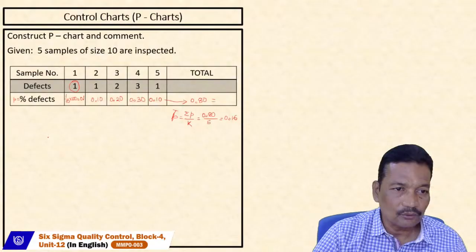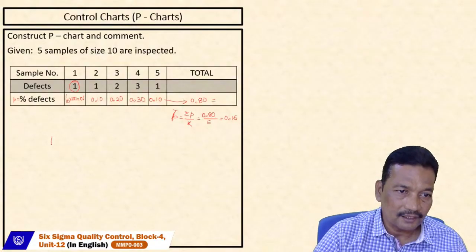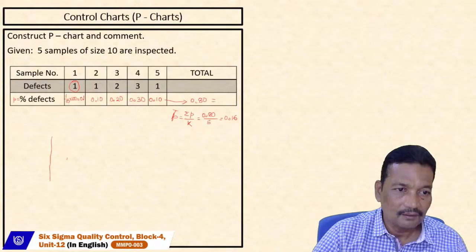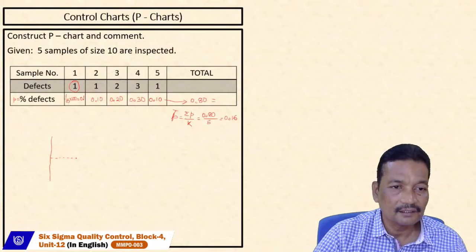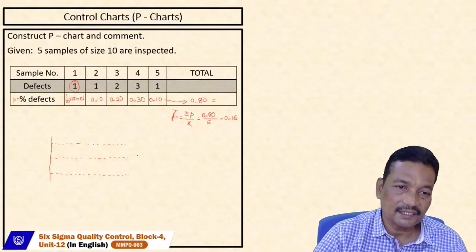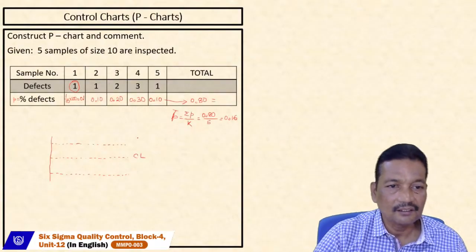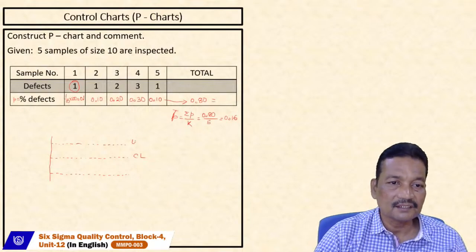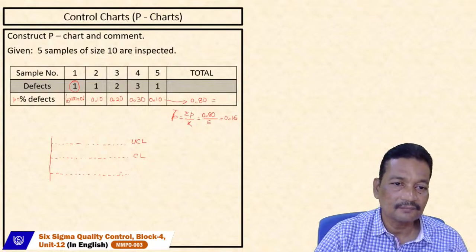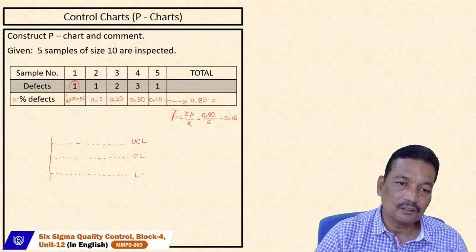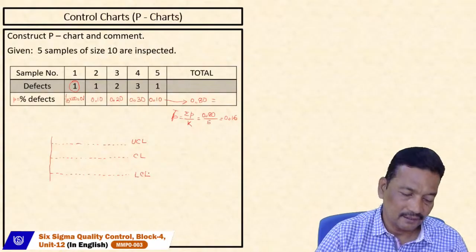Now, as we know, for any control chart, basically we require 3 lines. The central line or central limit, the upper control limit, and the lower control limit.